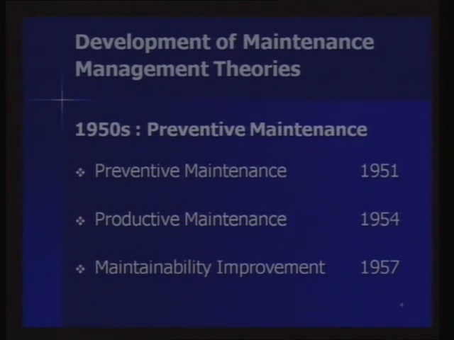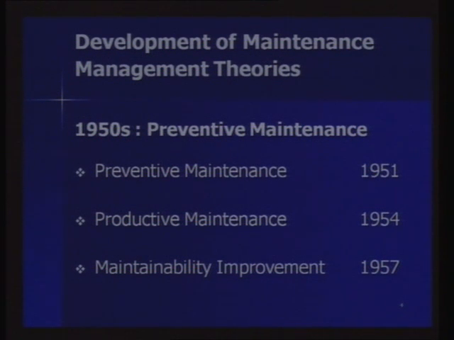So in the 50s we first developed the preventive maintenance concept in 1951. Then we had another concept, productive maintenance, in 1954, and maintainability improvement, which we developed in 1957.